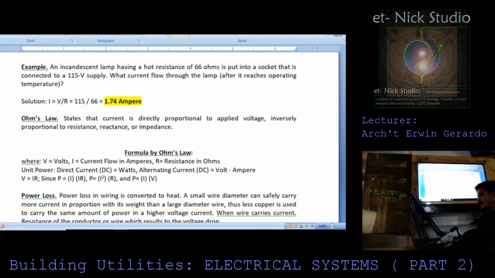What current flows through the lamp after it reaches operating temperature? Solution: I equals V divided by R equals 115 divided by 66, equivalent to 1.74 ampere.